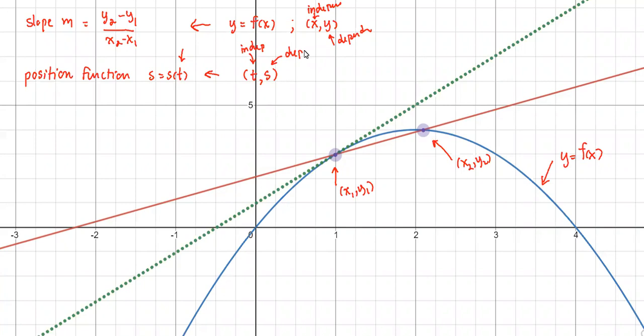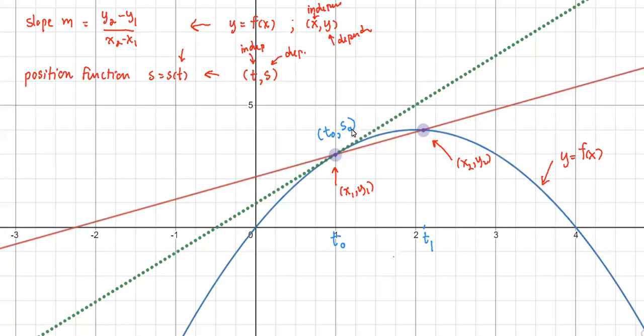Now instead of using the ordered pair x1, y1, I'm using different notation. Like if this is my t0 and this point is my t1, so the coordinate over here is going to be in the form of t0 comma s0.